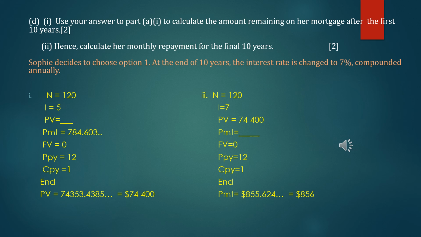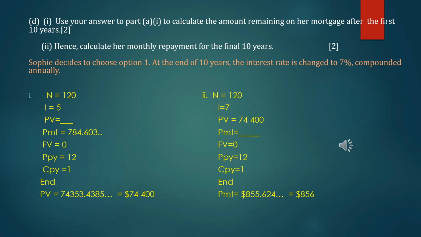But we have to change our N to 120. Previously, you had 240 months, but since you have been paying for 10 years, you have 120 months remaining. So all the rest of the entries are the same. This will give you the present value, which is approximately equal to $74,400.